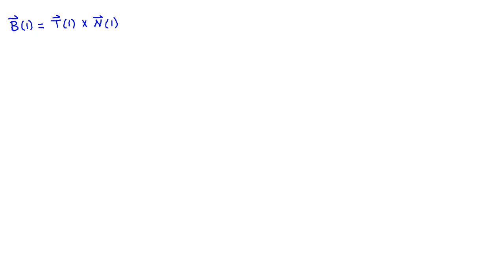So we're just going to take all those 2/3 and 1/3 that we found on the previous two and do the cross product with the i, j, and k. My unit tangent was <2/3, 2/3, 1/3>, and my unit normal was <-1/3, 2/3, -2/3>.